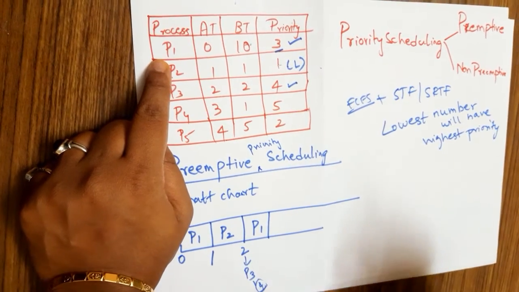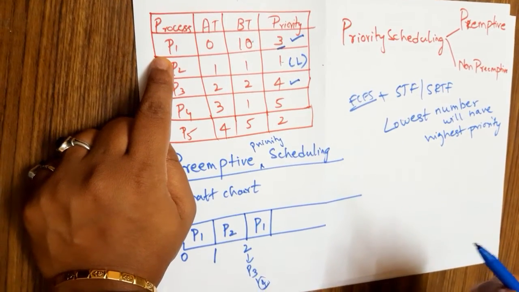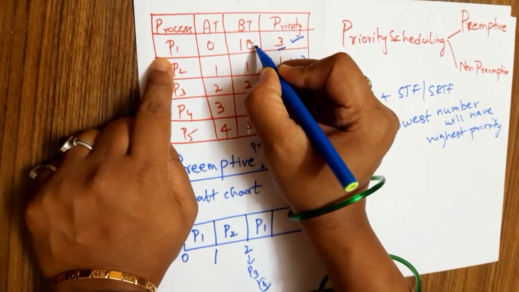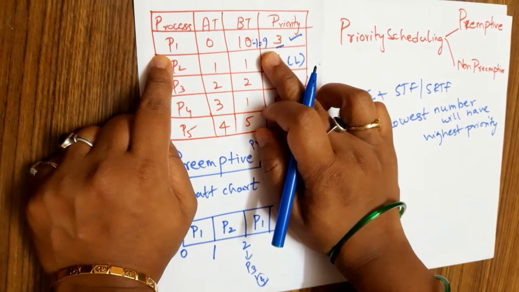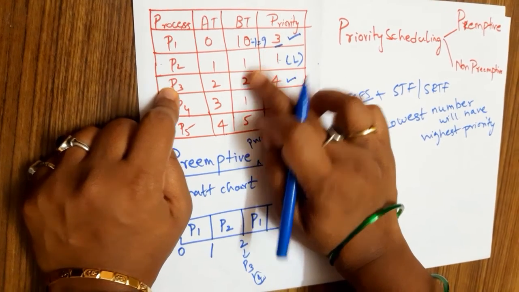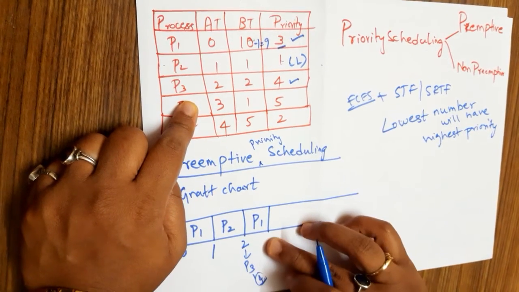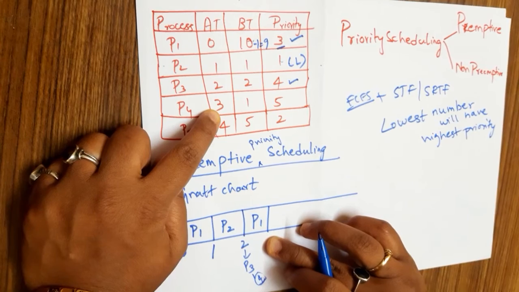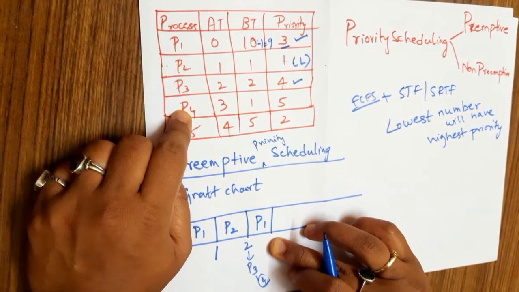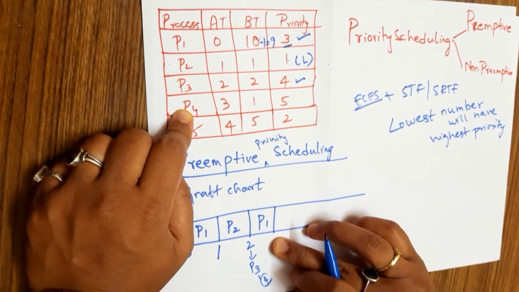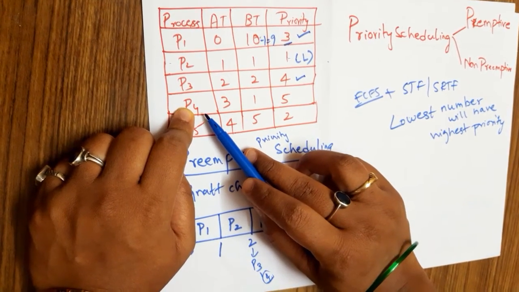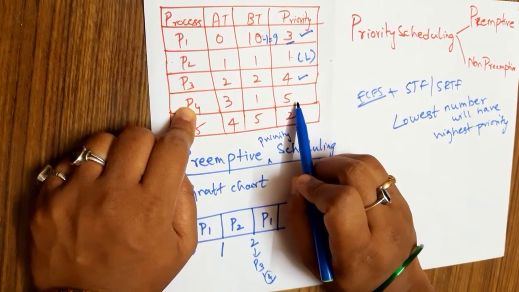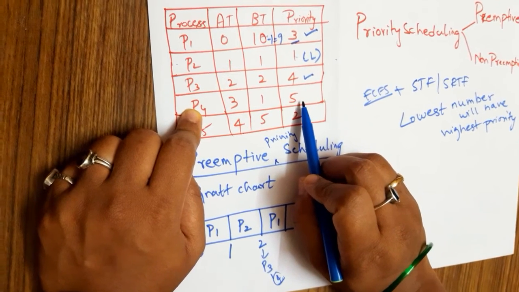I will check for how many milliseconds it can execute. As of now it has executed for only 1 millisecond, so the total remaining time is 9. Now if I give the next 1 millisecond, when time is 3, process P4 comes into the picture, but its priority is 5.